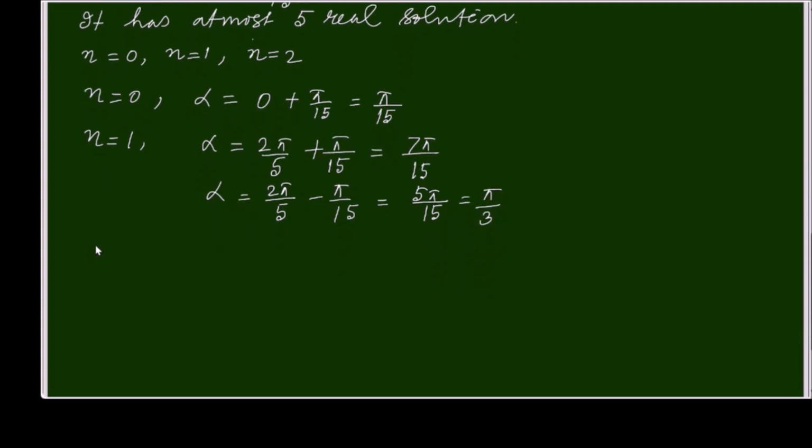And when n is equal to 2, alpha equals 4 pi by 5 plus pi by 15, and alpha equals 4 pi by 5 minus pi by 15.